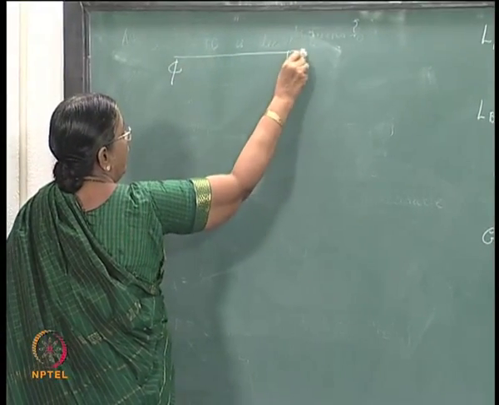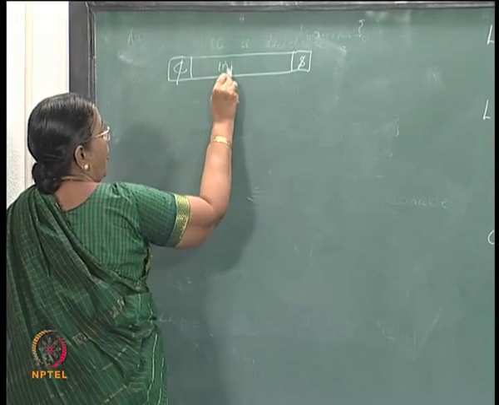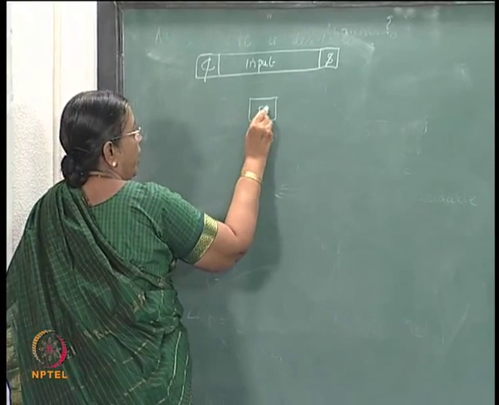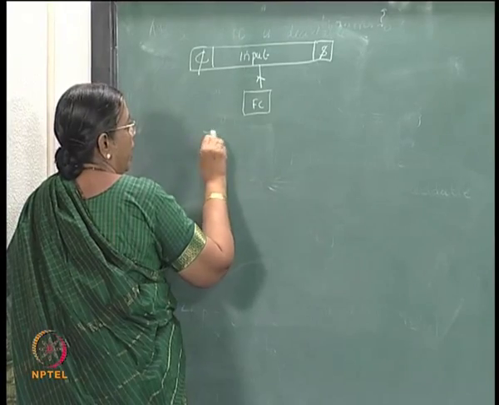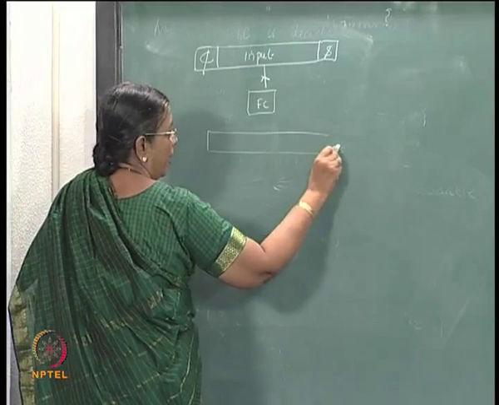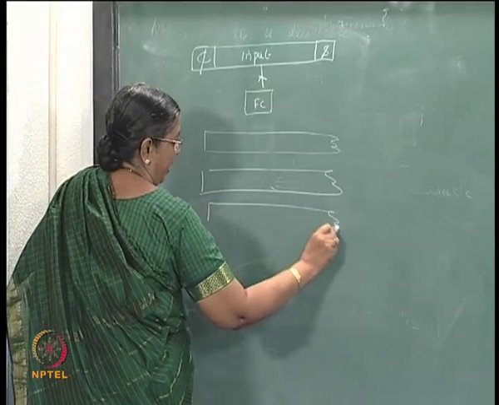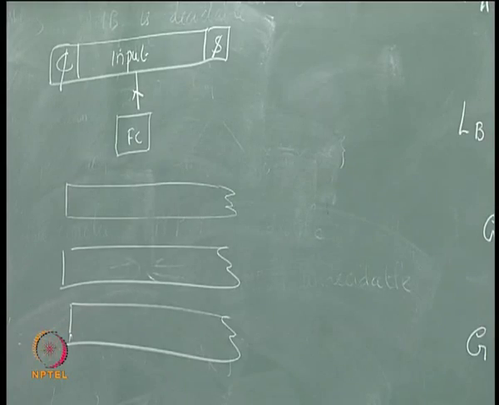What is an offline Turing machine? There is an input tape which is read only, there is a finite control, and there are some tapes which can be used for reading and writing, read write tapes, K tapes you can have.